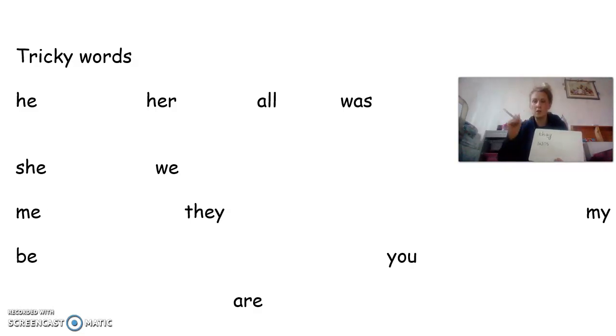And was, people have been writing as was, which, if you segmented and blended it, is correct, because if you were looking at was, you might say was. So do you see what I mean about these tricky words? When we see them, we've just got to be able to say them straight away, okay? So we're going to focus on the word they and the word was.